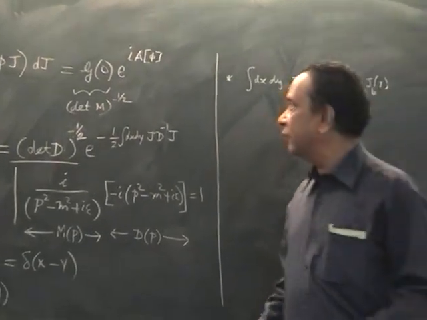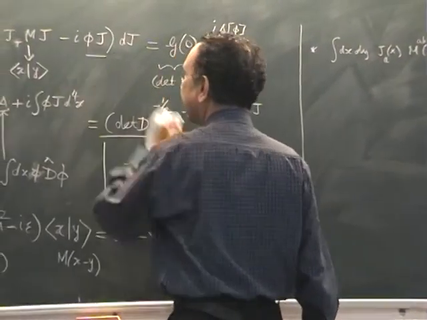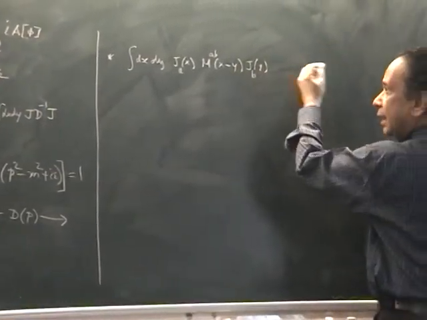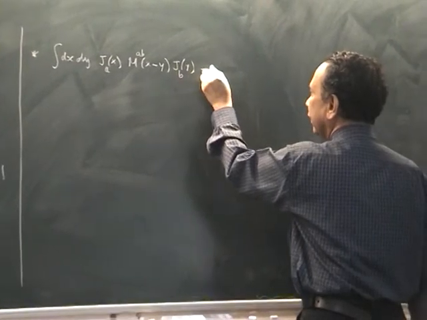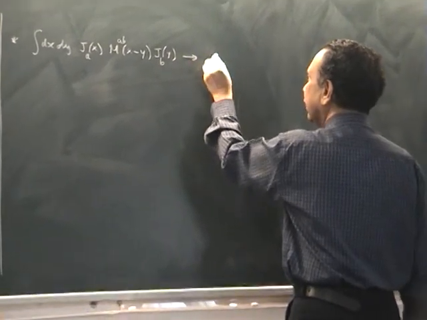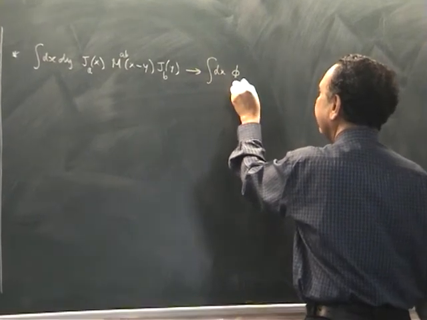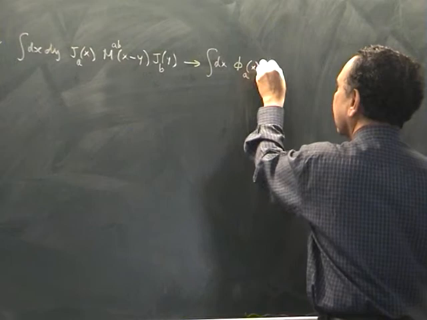And the corresponding field, when you are doing this Fourier transform, should have a canonical object which will go as phi a of x, j a of x.